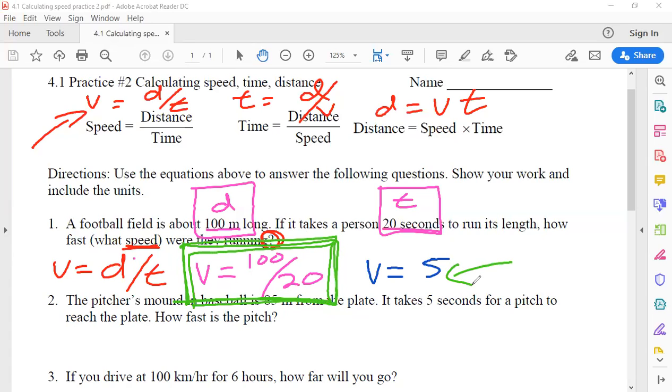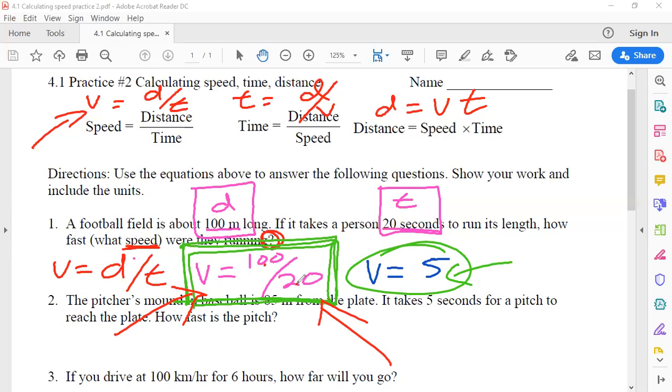Later on in this physical science class, and later in this unit, you will need to find this number to get the correct answer on your quizzes. But right now, I want to know that you can use the correct equation and put the amounts in the right places on the equation. That's what we're focused on.